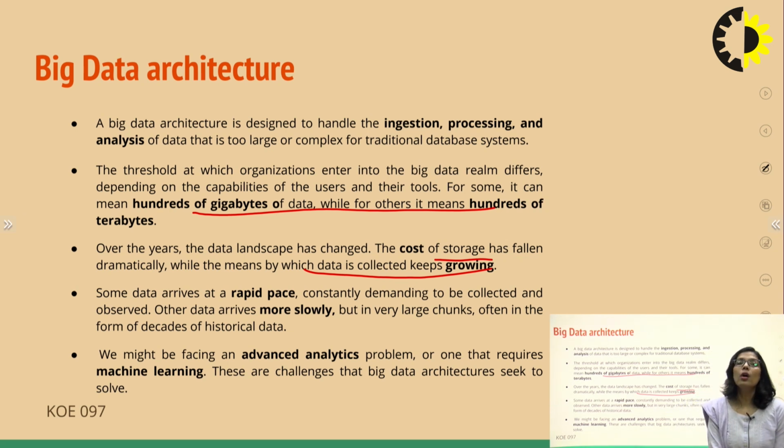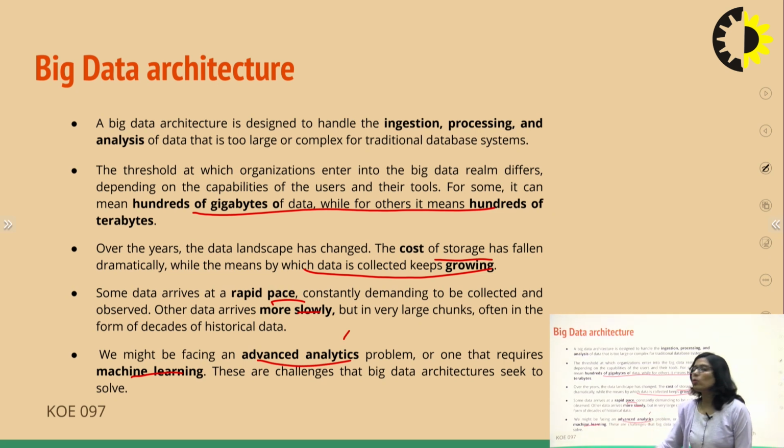So we have to cater to all those speeds, that is slow data as well as fast data, in our big data architecture. Next, we might be facing an advanced analytic problem or one that requires machine learning. These are the two ways of analyzing the data: either we can use analytics or we can use machine learning.